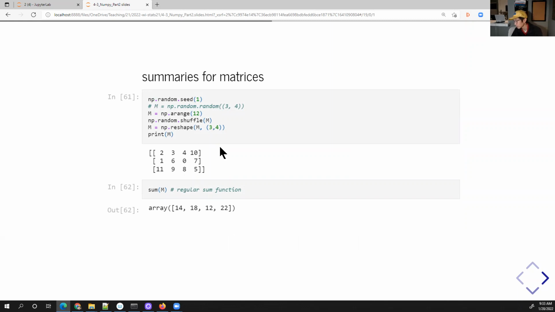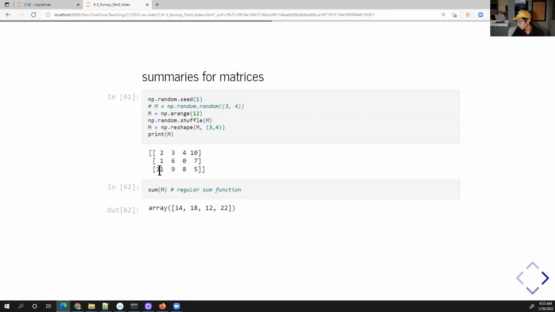Okay, so you can take this two-dimensional structure. It's a 3x4 matrix, which I got by doing a range, calling shuffle, and then reshaping it into a 3x4 matrix. When you call base Python's sum function, it's going to sum them column-wise.